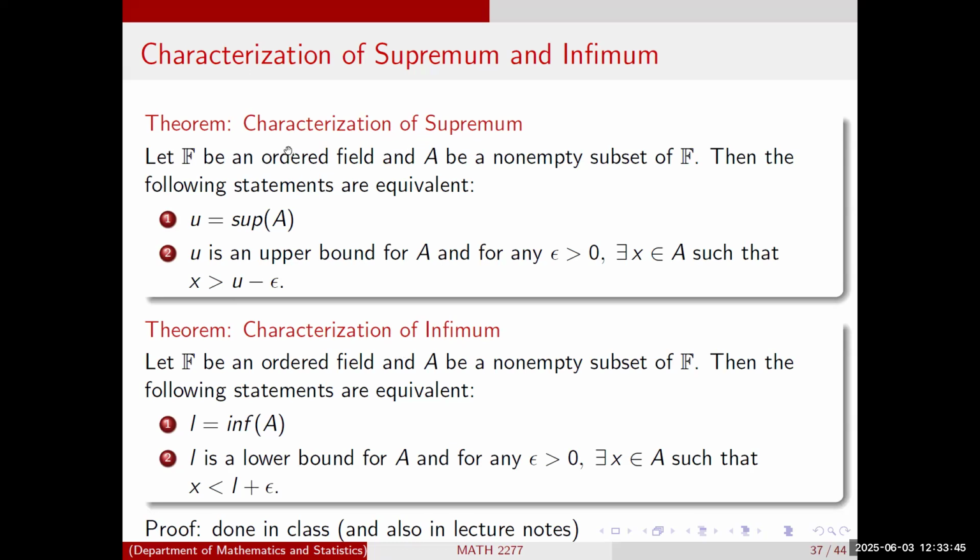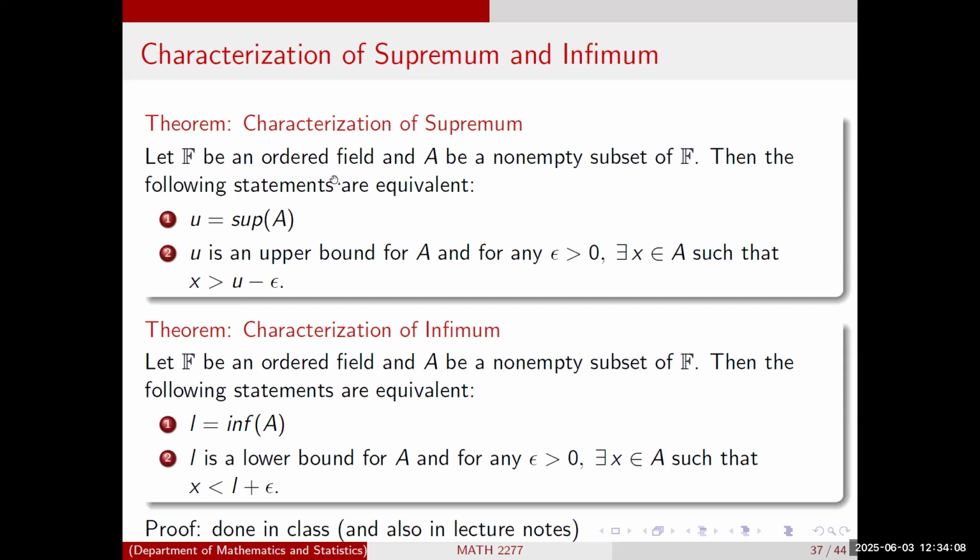The characterization of supremum. So this is how to prove something is the supremum of a set. So let F be an ordered field. And again, the example that you should have in your mind is the field of real numbers. But this works for any ordered field.